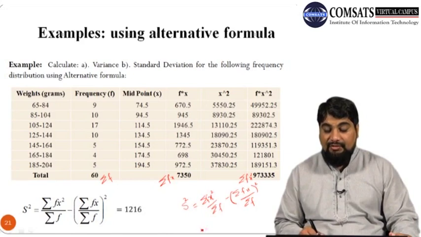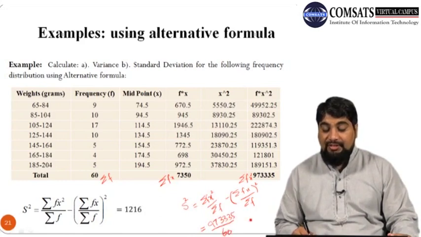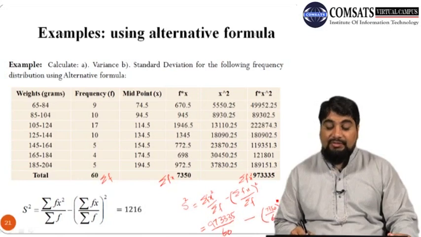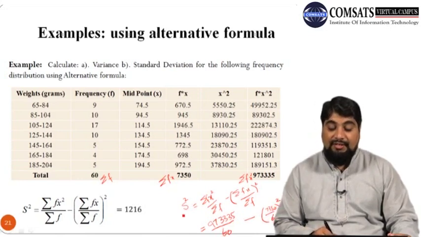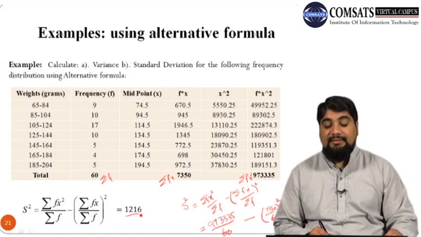So just replace the values: summation fx square is 9733335 divided by summation f, which is 60, minus summation fx, which is 7350, over summation f, which is 60, whole square. So after simplifying it you will get 1216.